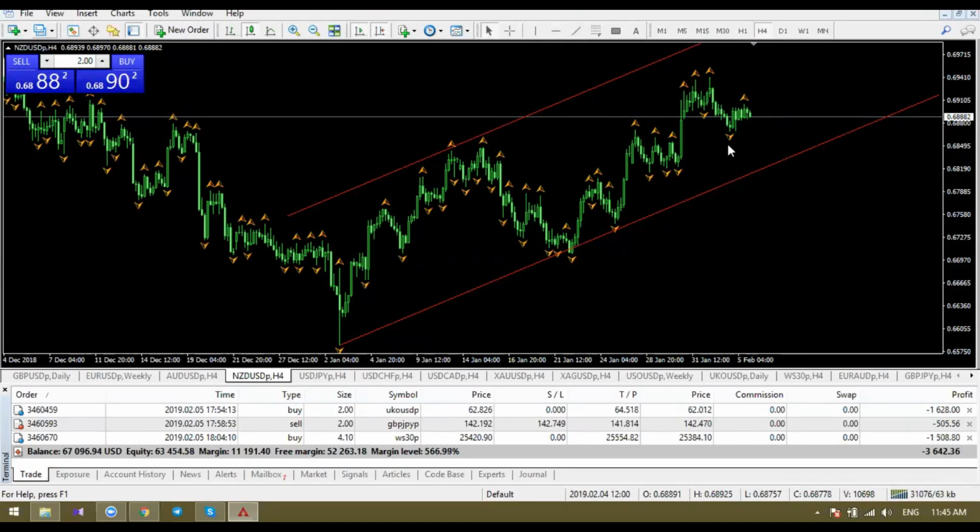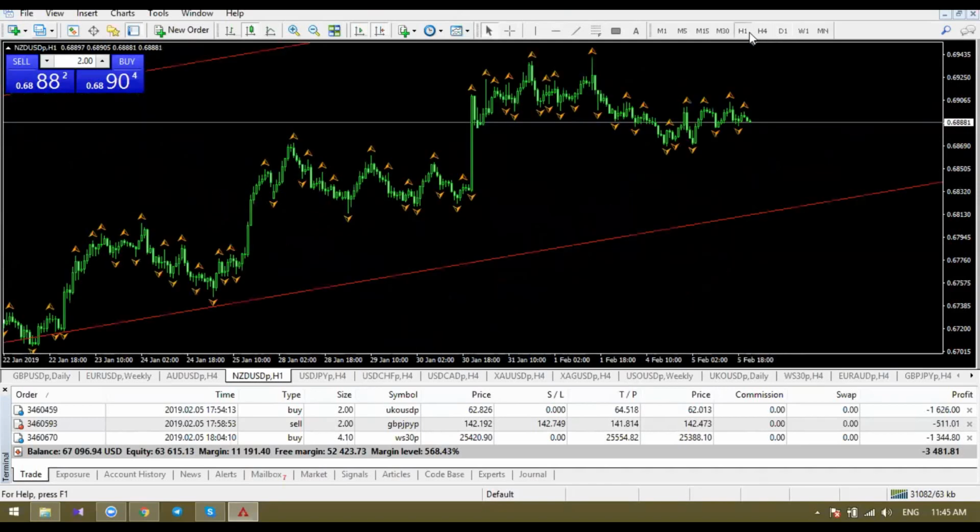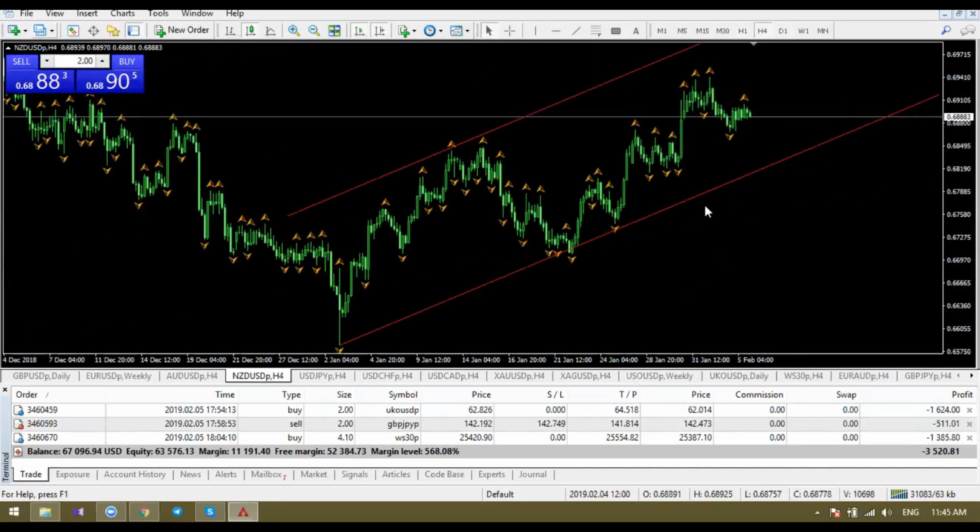So in the next session we're going to go to Fibonacci so we can open orders. But offsetting is for other sessions, because for entering you have a formula, and for offsetting you have another formula.